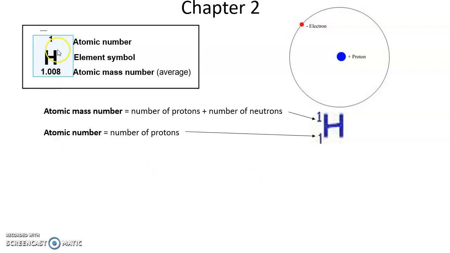So most hydrogen atoms have just one proton, but there are some out there that are bigger than that. So atomic mass is the number of protons plus the number of neutrons. So for the standard hydrogen, it would be one proton, no neutron. So atomic mass and atomic number would be the same number.